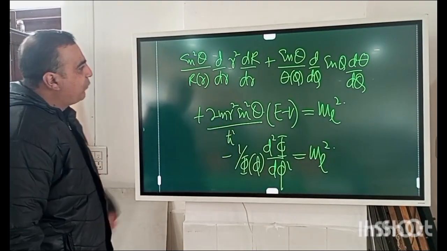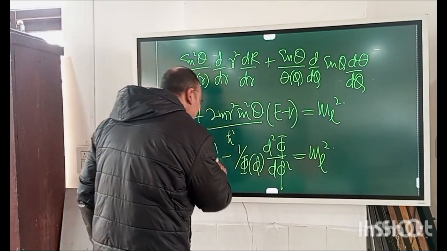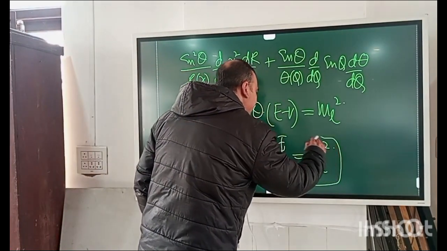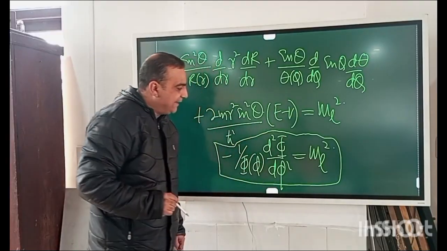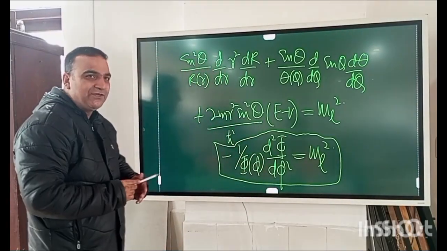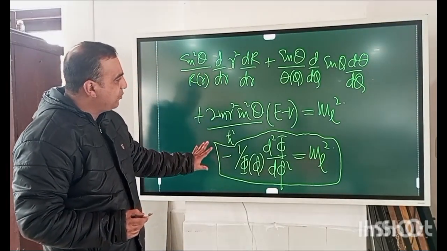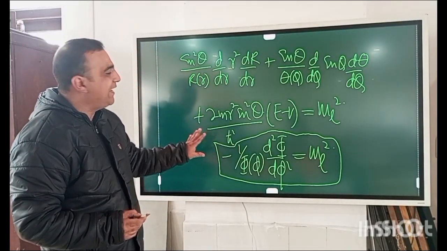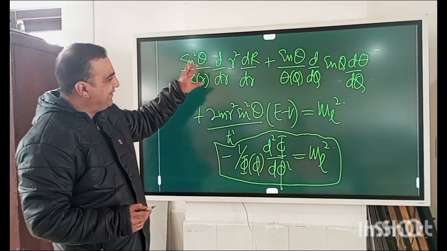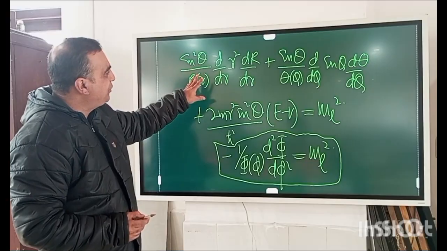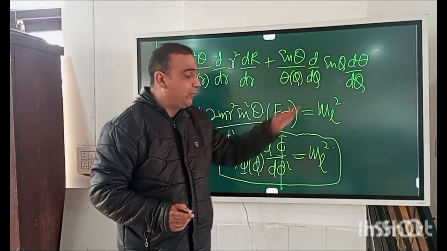Before we proceed, what is understood is that we have got an independent equation in terms of φ. φ is the azimuthal angle, and its value ranges from 0 to 2π. This equation is independent of θ and r. Then we will proceed to break down the remaining equation into the radial equation and the θ angular equation.